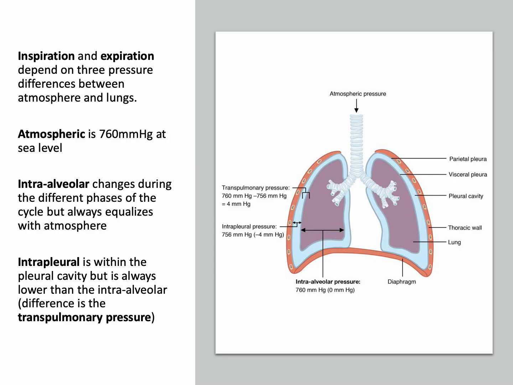Now, within the lungs, you have other pressures. You have your intra-alveolar pressure, right? And depending on the volume, that pressure will change. And you also have a pressure that's exerted in the pleural cavity, or the intrapleural pressure, right? Which tends to stay constant and tends to be a little lower. It has to be a little lower than the intra-alveolar pressure.